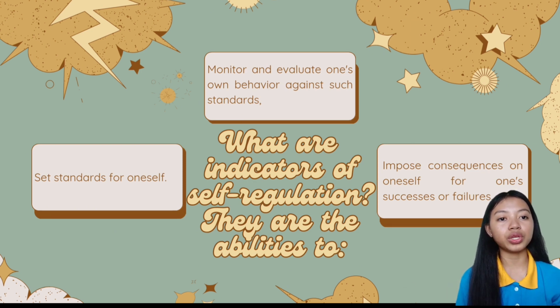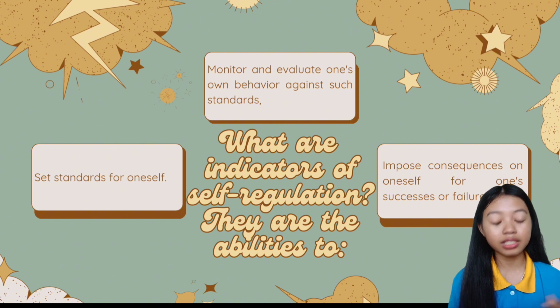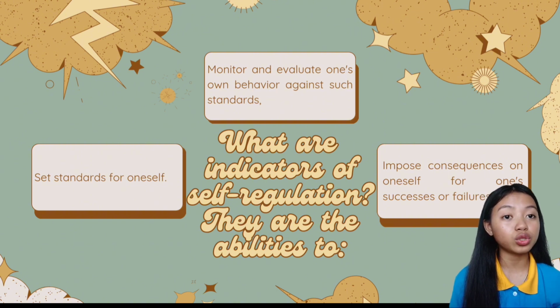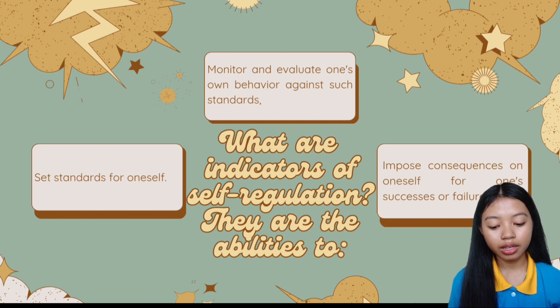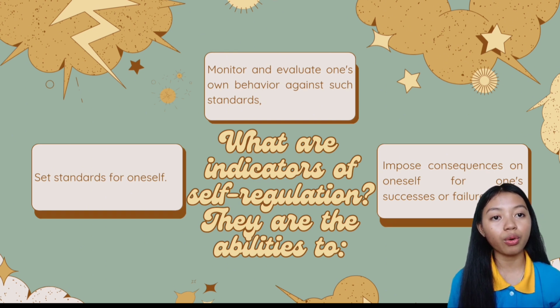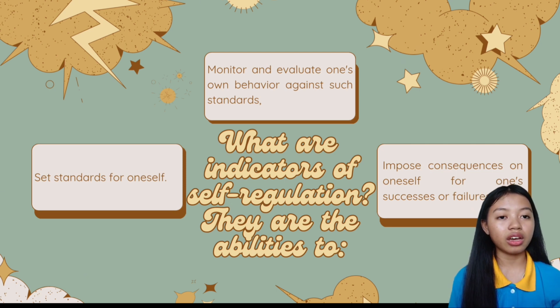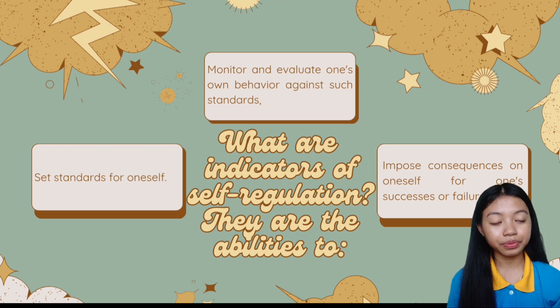Say for example, when you want to pass the test or overcome the passing score of your upcoming exam, that simply implies you set a standard for yourself that you want to pass the test. Then as for the second one, you're going to monitor or evaluate what kind of strategies you will apply to pass the test.